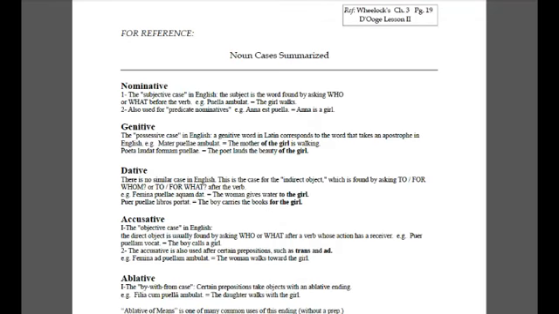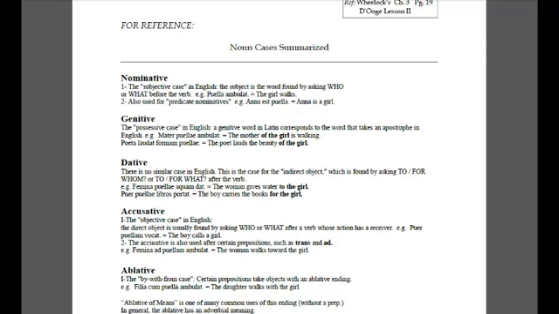Look at page 7. This is a reference page of the various noun cases. Just get an idea of what each of these case names mean, and remember that you can refer to this as a reference page. We are going to be gradually developing the understanding and the use of each of these case forms in sentences as you go through the next few weeks. So don't feel too overwhelmed.